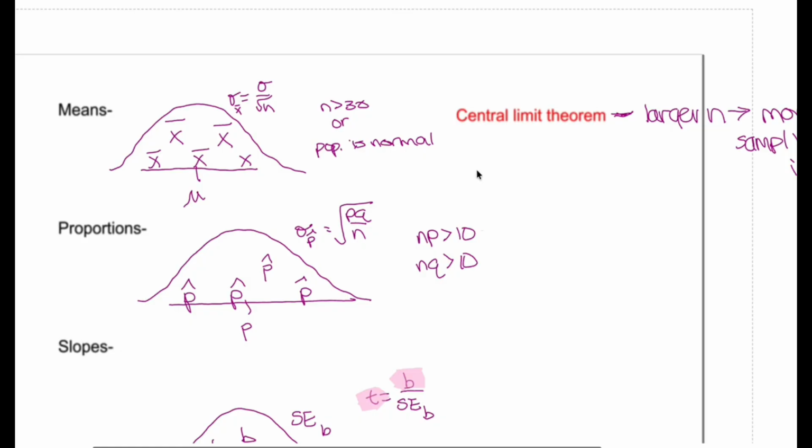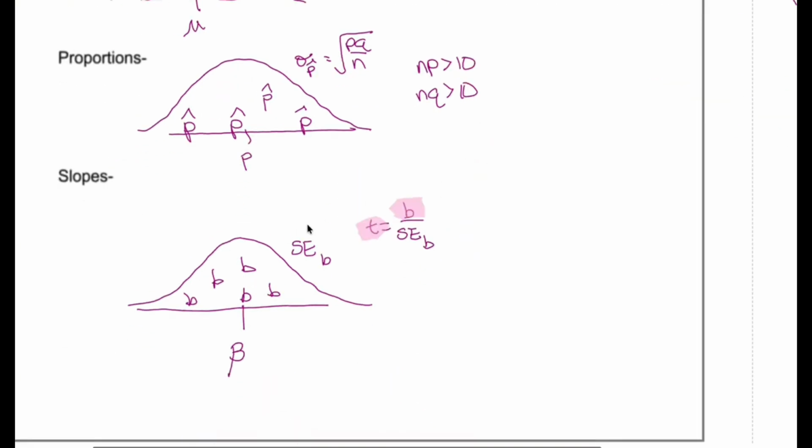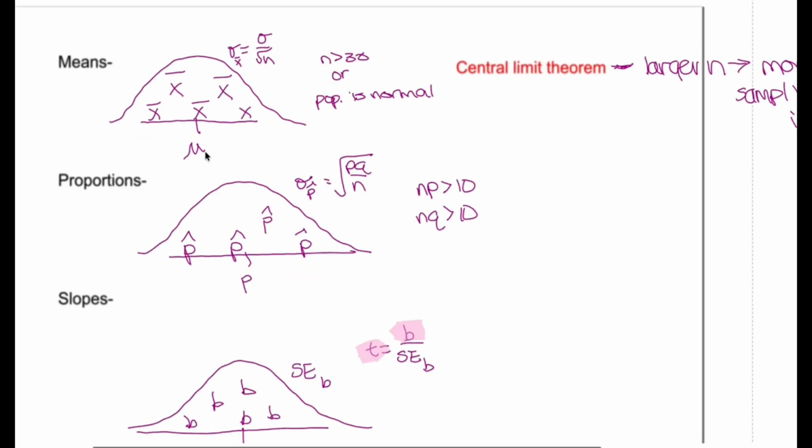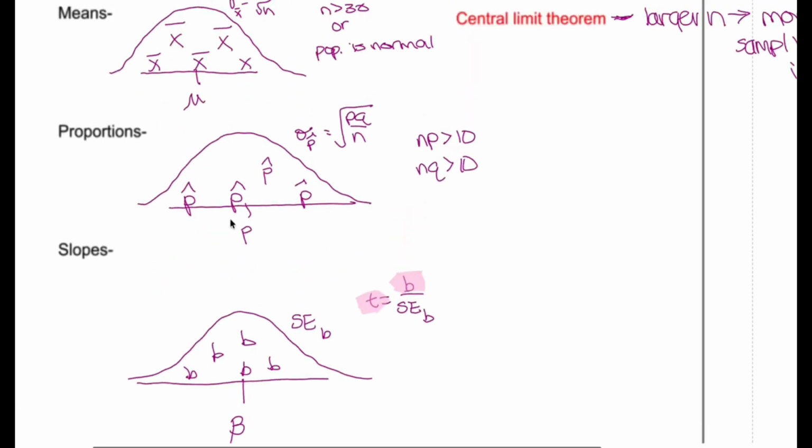The first one is simple random sample, and the second one is the sample size should be less than 10% of the population. Also the slopes: you can think of it as the central or the mean, but it's the same thing as the population's beta, and it's made up of a bunch of lowercase b's.